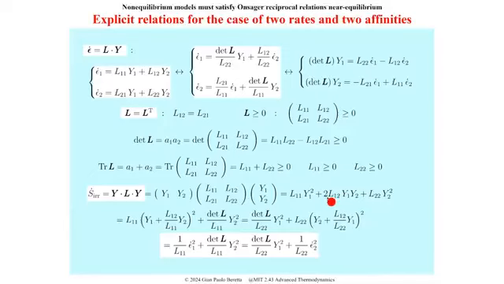So there are ways, like we did also for the Le Chatelier-Brown theorem, to write quadratic forms in canonical forms, either in terms of the affinities or in terms of the rates, so that it's essentially a sum of squares multiplied by positive coefficients. If you can manage to write it this way, you have proved that you are in good shape in terms of non-negativity of the entropy production.